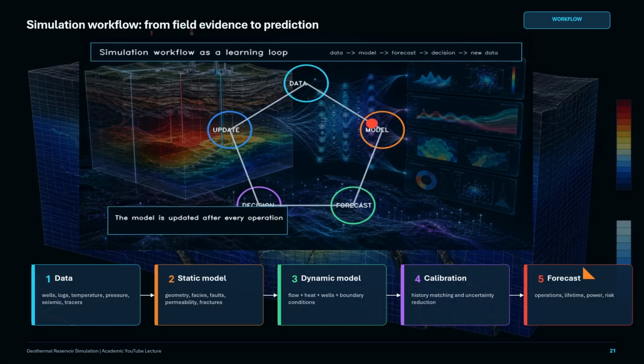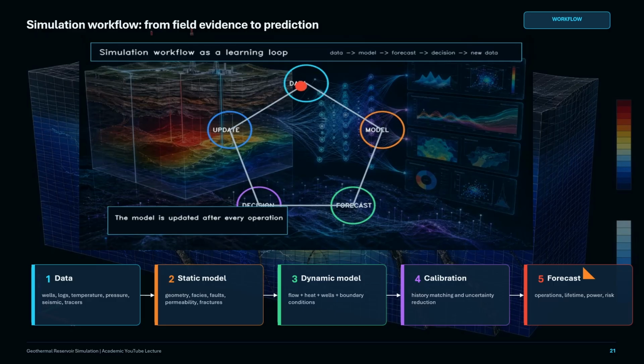A geothermal simulation workflow usually starts with field data, wells, logs, temperature measurements, pressure tests, seismic interpretation, tracers, and production history. These data are used to build a static model of geometry, facies, faults, permeability, and fractures.